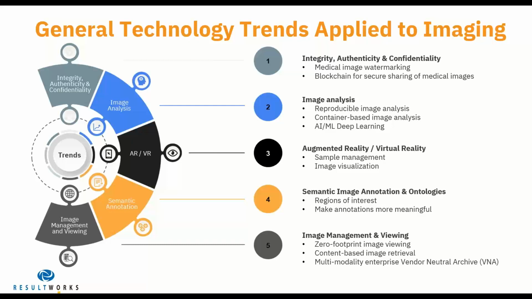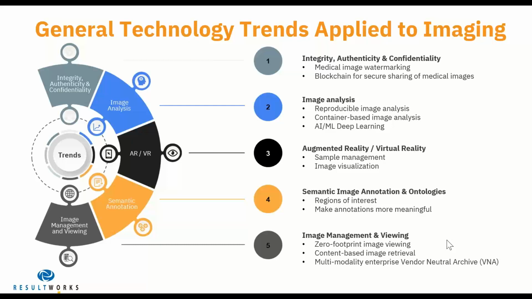We looked at semantic image annotation and ontologies to better earmark regions of interest in an image, make annotations on the image more meaningful and more specific. We looked at image management and viewing tools, things like zero footprint image viewing and content-based image retrieval. We looked at vendor neutral archives.